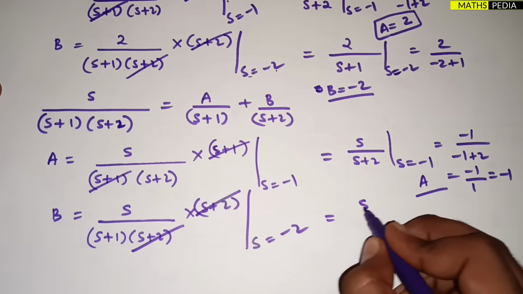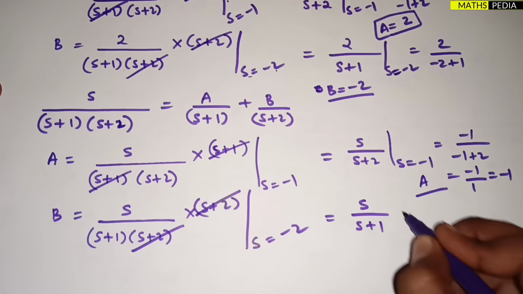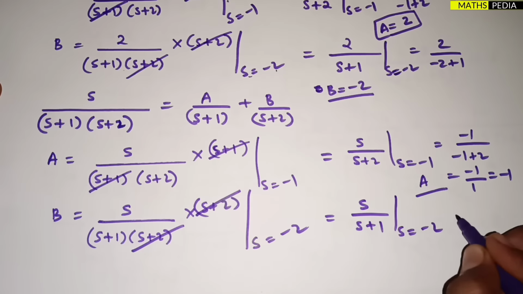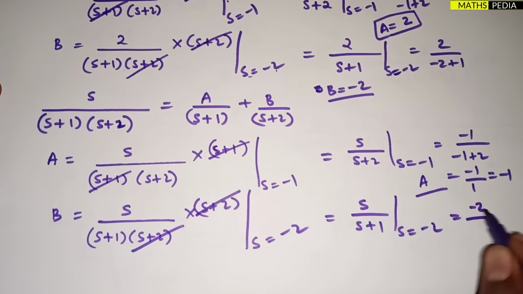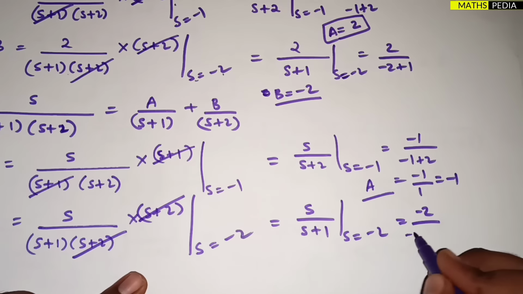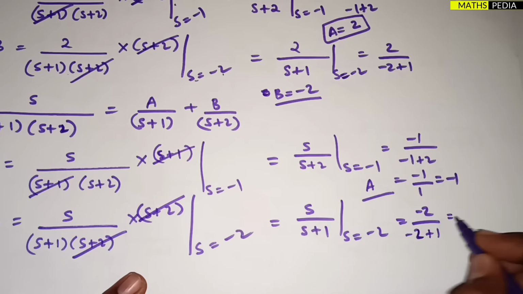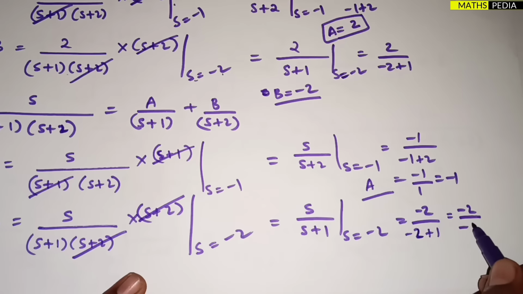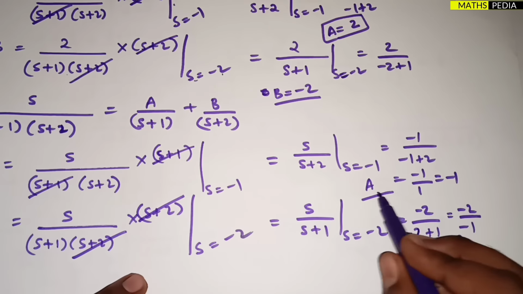So what is the left out term? s by s plus 1, and s you have to substitute minus 2. So minus 2 by minus 2 plus 1. It is minus 2 divided by minus 1, which is plus 2. So the B value we got is 2, A value is minus 1.